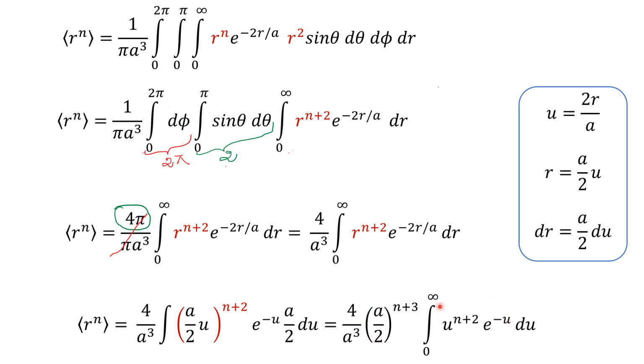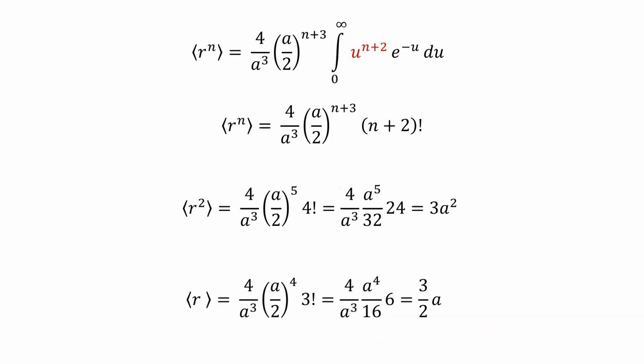Now we got this expression. You just see the integral part. This is nothing but your gamma integral. The answer for u power n plus 2 is naturally n plus 2 factorial. Now we come to our original problem.